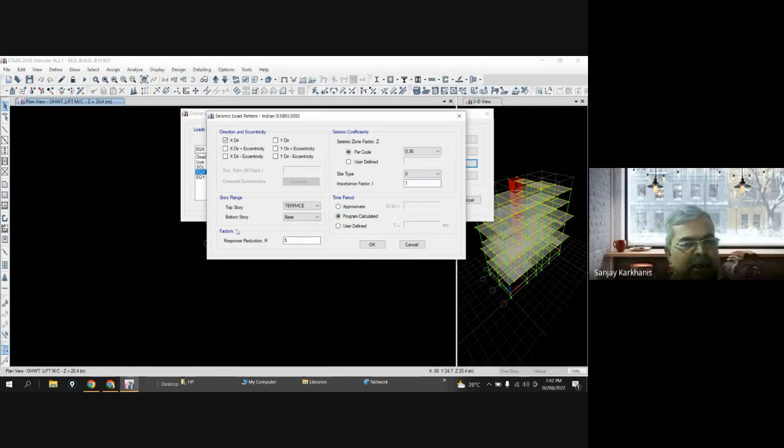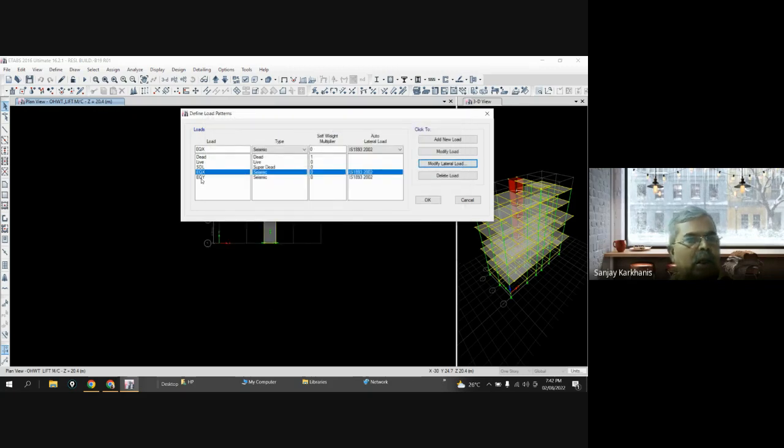Then this is about the factor. This is the response reduction factor, and by default it is 5. If you want to change it, whether 3, 4, or 5, but as per codal provision, we are going to use it as 5. Clear? Clear, sir. Then click Yes. OK. Click OK. Then click on EQY.